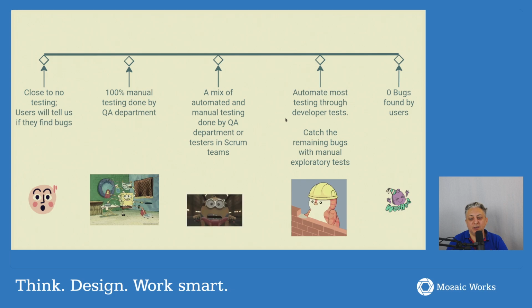You also need to catch remaining bugs with manual exploratory tests. So even if you have 100% coverage on behavior, and you have a bunch of different levels of tests, like unit, integration and so on, although these terms start to become fuzzier and fuzzier with time, what happens is that you might still have some weird issues, and this is where testers are amazing, because testers can imagine a bunch of weird scenarios.